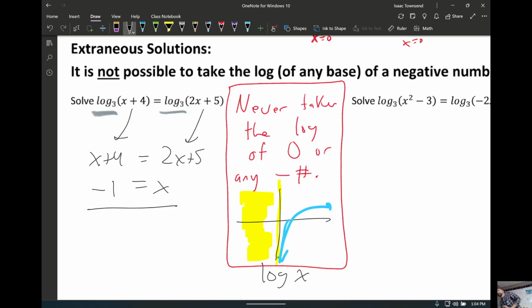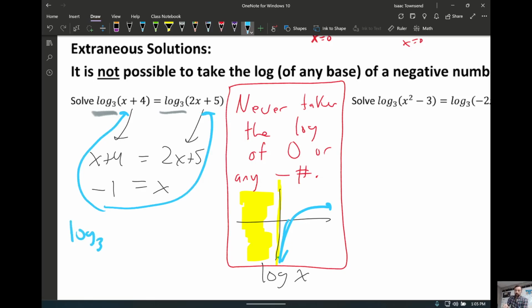Now, you might think that this is an answer you can't keep, but that's not what I said. I didn't say your answer can't be negative. I said you can't take the log of a negative or 0. So what you would need to do before you circled this answer is plug it into the original problem.